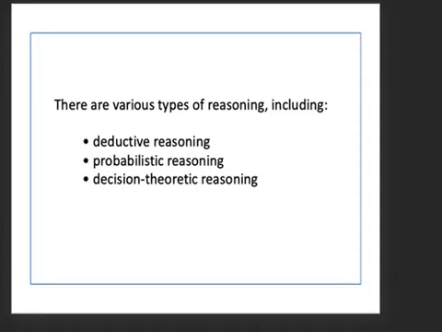So the title of this course, for instance, is Introduction to Formal Reasoning and Decision Making. So whether you want to consider decision making to be a type of reasoning or not, that doesn't really matter. What matters is that throughout this course, these are the three things that we'll be talking about. And before we dive into the formal theories of these things, we're going to be getting a more solid intuitive grip on what they are and how we can be better at them.